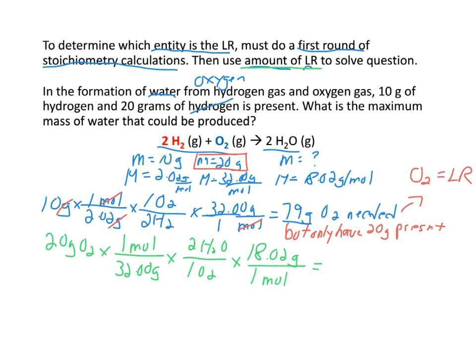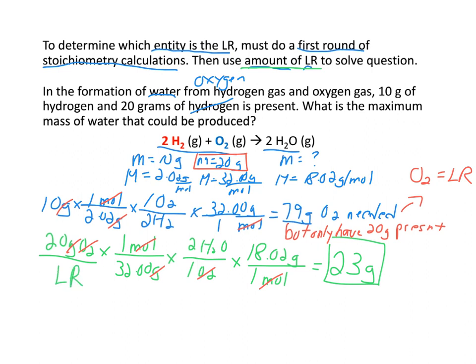Let's check our units. Grams, grams, oxygen, oxygen, moles, moles. So we have grams of water, and the number there comes out to be 23 grams. So we can make 23 grams of water from 20 grams of oxygen, which is our limiting reagent.